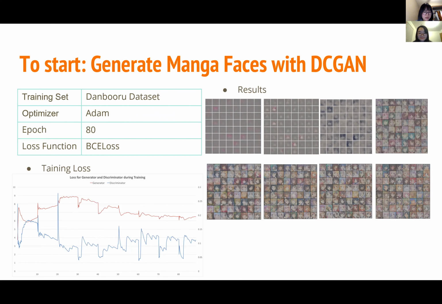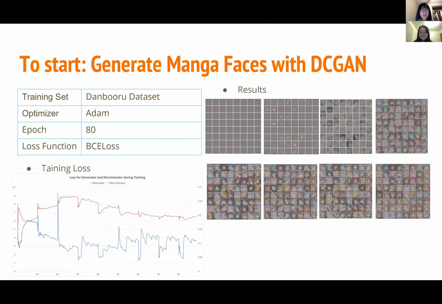And as we can see, along with the training process, the loss for generator is slowly decreasing, and on the right side we displayed several results we obtained from our DCGAN.